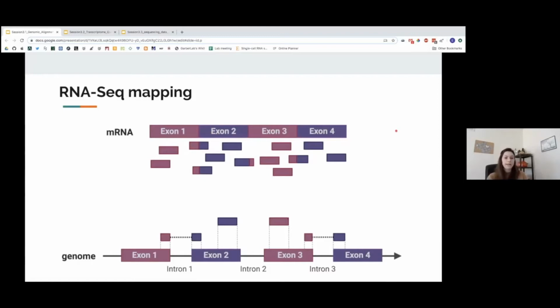All right, and the advantage to this process of mapping to the transcriptome is speed. So think about if the transcripts are about 2% of the genome, that means that you're aligning to a much smaller universe of possibilities. And therefore, the alignment will go much faster. You don't have to look in the entire genome for a probable match to your sequence.